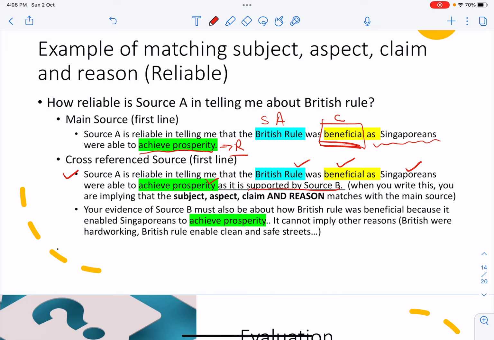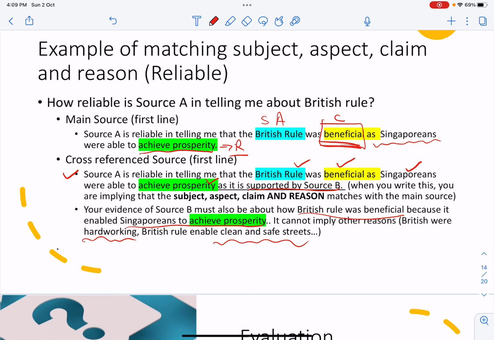Okay, and again, make sure my evidence relates to how British rule was beneficial because Singaporeans were able to achieve prosperity. Again, please make sure you don't write any other reasons for them achieving prosperity, such as them being hardworking, such as British enabling clean and safe streets. Hence, that's why British rule is beneficial.